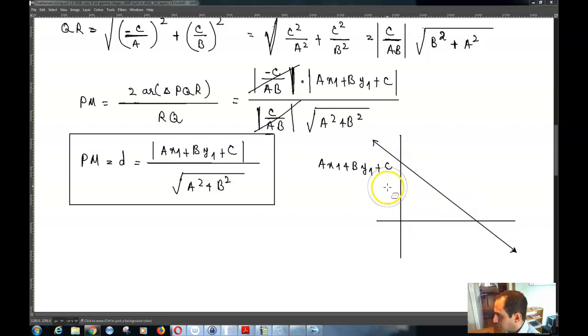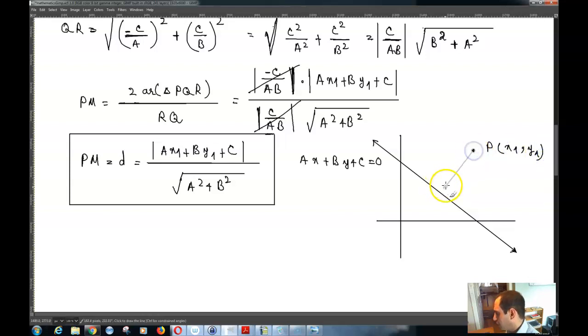If the equation of this line is ax plus by plus c equal to 0, and if you have some point over here, for example p with coordinates x1, y1, and the perpendicular distance of this point from this line, if we call it d, then you can use this formula to find this distance.